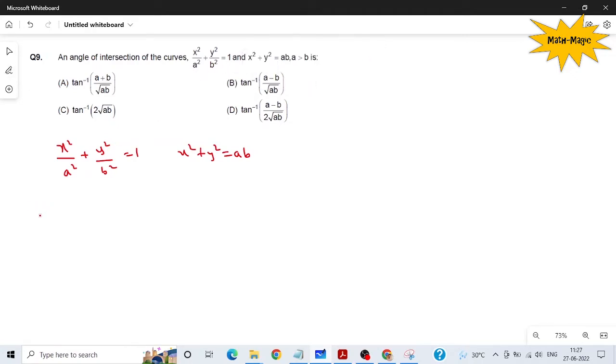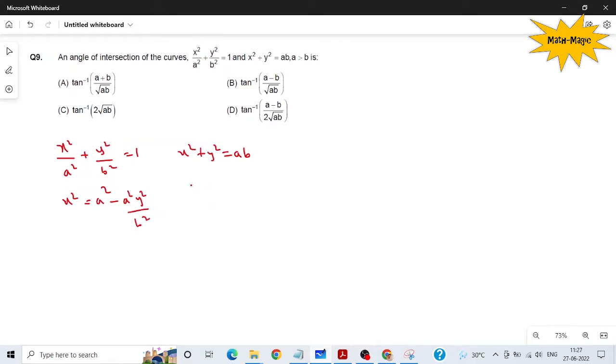We can get the value of x² from one curve and substitute it in the other curve. From the first, x² = a² − a²y²/b². Now let's substitute this value in the next curve.